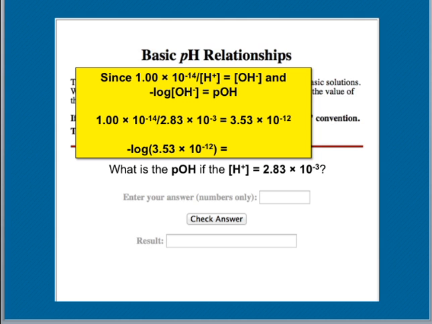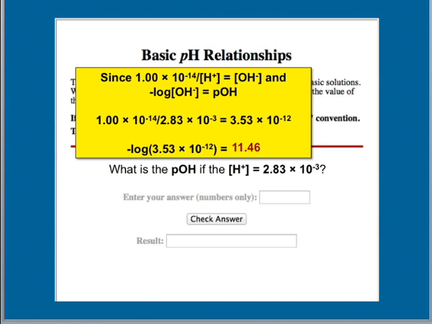I said in this one, here we have hydronium. 10 to the minus 14 divided by hydronium is hydroxide. Going to take its negative log. Well, the hydroxide turned out to be 3.53 times 10 to the minus 12. Type that in, hit log, change the sign, what do you get?